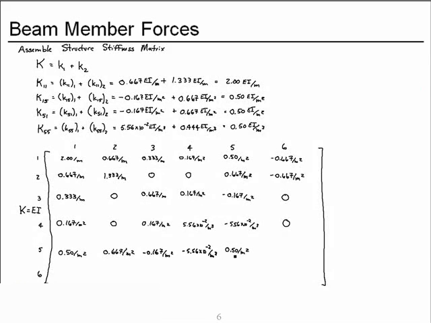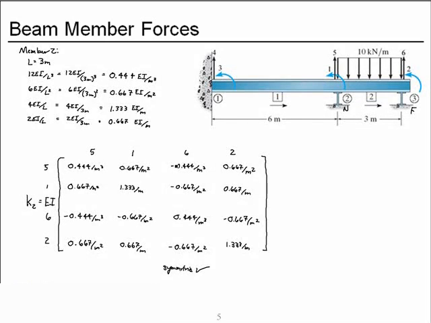Over meter cubed. We have 5,5 already calculated because it had contributions from both members, and then 5,6, which is this quantity.